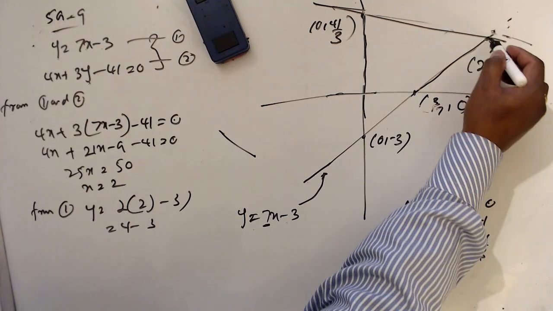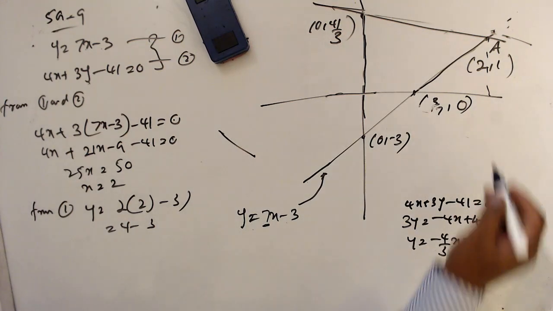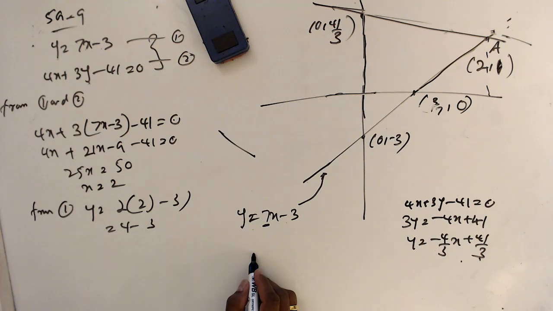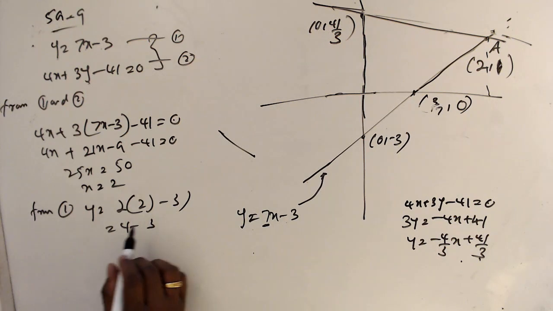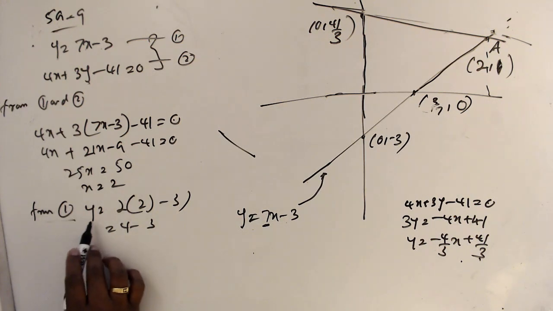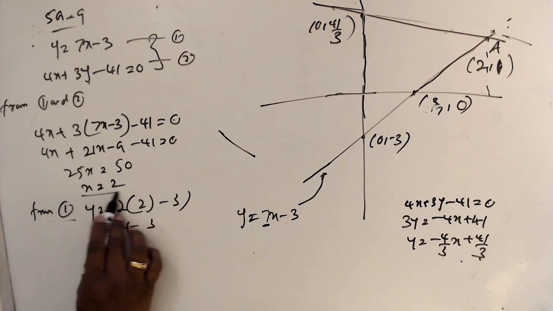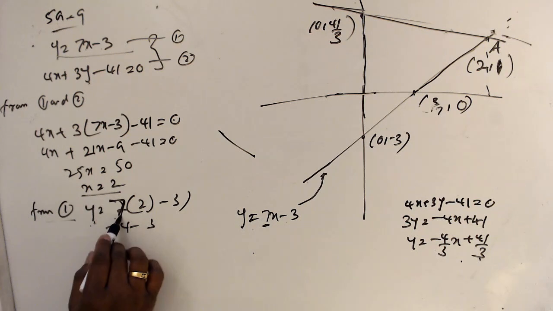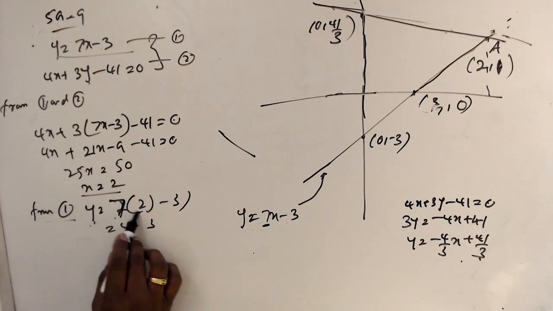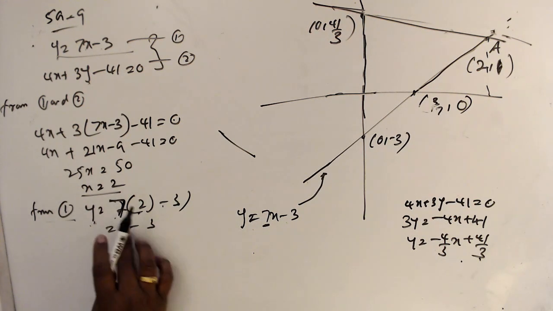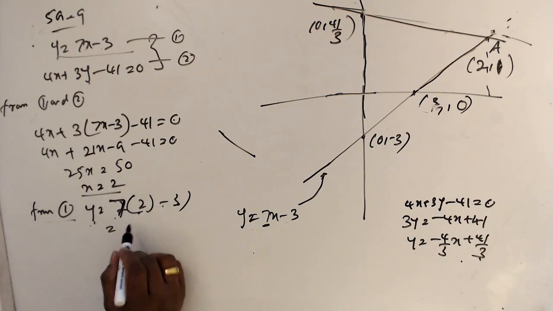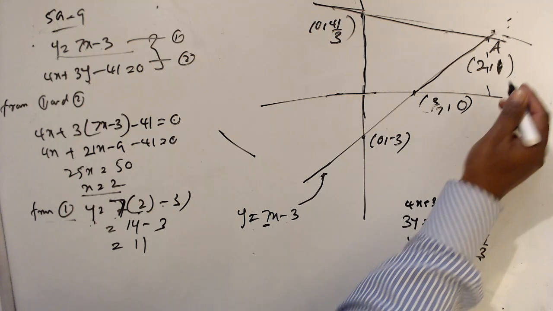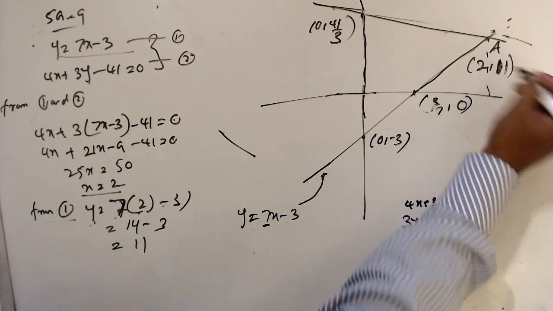Now I have this coordinate as 2, 11. From 1, y equals 7 times x minus 3, so 7 times 2, 14 minus 3, which is 11. So this is 11.